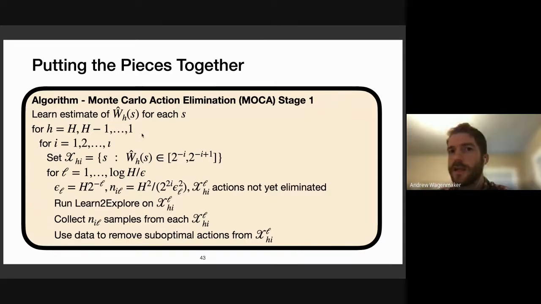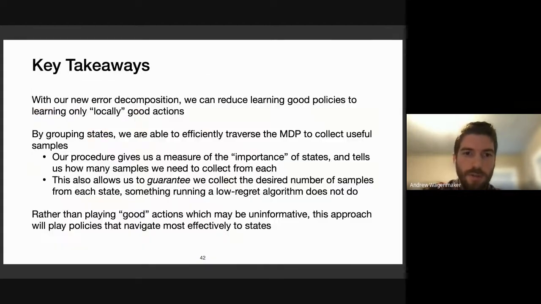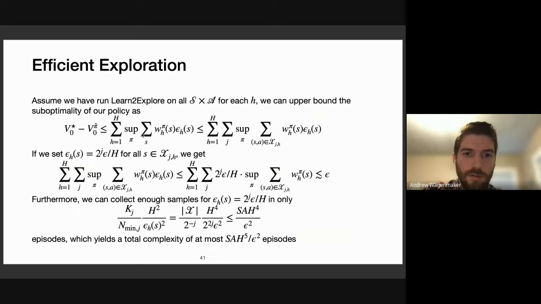Basically the idea is you first eliminate the epsilon over WHS suboptimal actions. You get those out of the way, and then you run the argument I just presented. And the reason we break it up into 2 stages is for technical reasons. I don't know if that cleared it up or just made it more complicated.